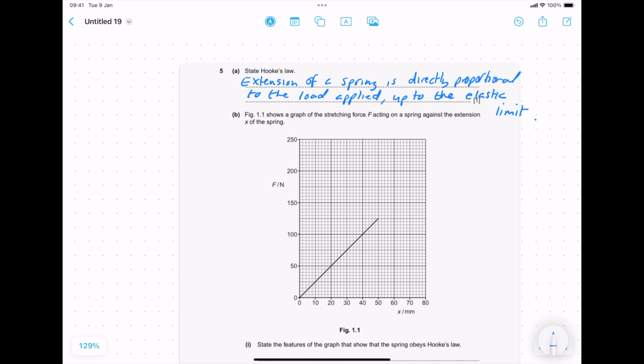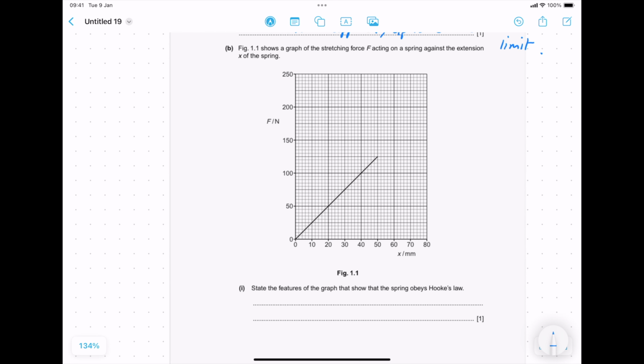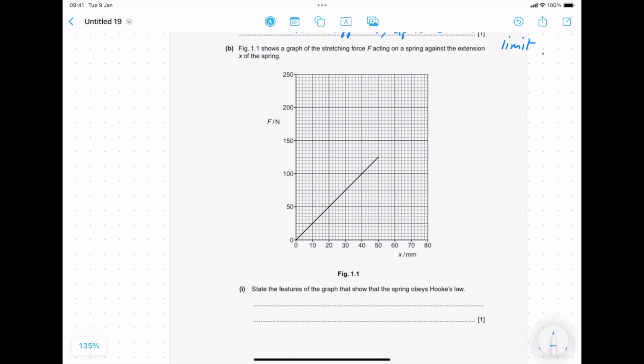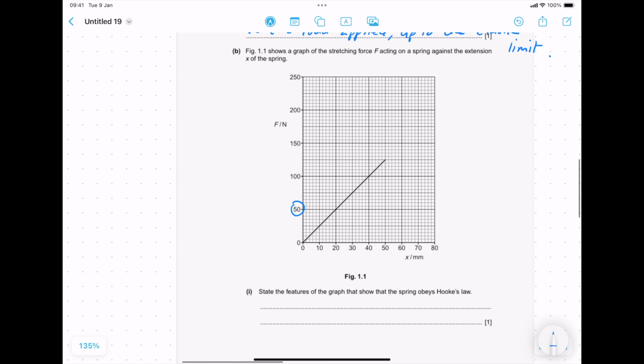Well, we're going to see this in a moment, but let's scroll up. Figure 1.1 shows a graph of stretching force F acting on a spring against the extension X. State the feature of the graph that shows the spring obeys Hooke's law, where you can see very clearly that as the force is doubled, so say from 50 to 100 newtons, so remember weight is in newtons, mass is in kilograms.